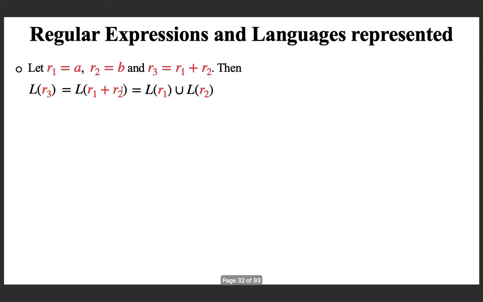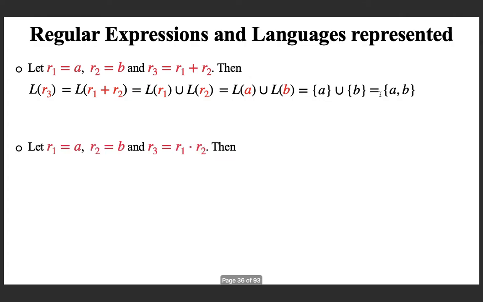And by definition it is nothing but language of R1 union language of R2. What is R1? R1 is a, R2 is b. And by definition, the language of the regular expression a is set {a}, and here it is set {b}. Union is giving you set {a, b}. Another example, suppose you take R1 dot R2, then the language is the language of the concatenation of the regular expressions, which is by definition the language of R1 concatenated with language of R2.